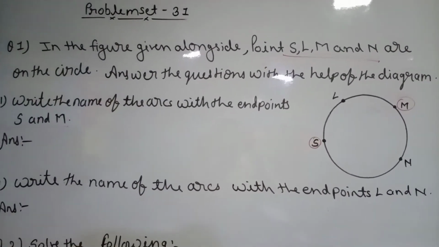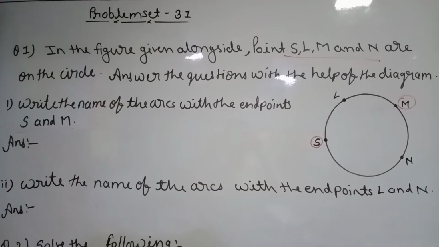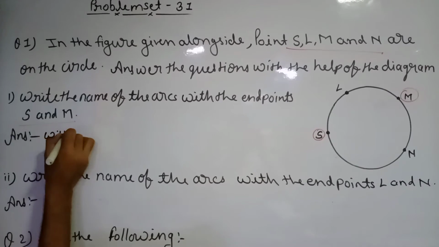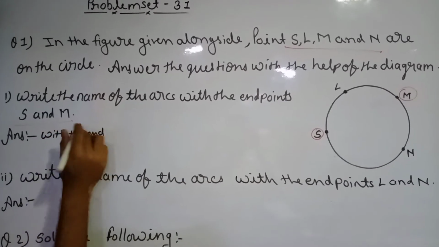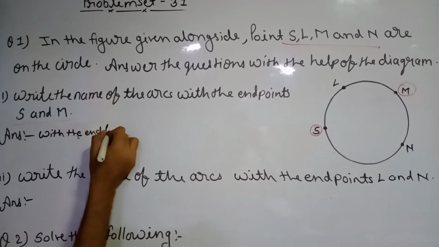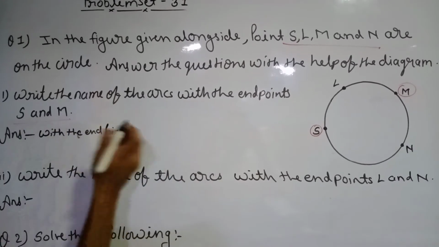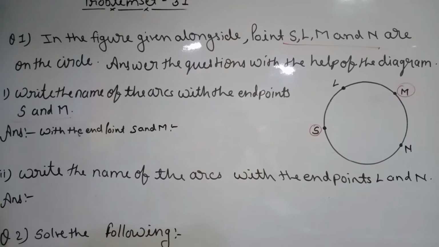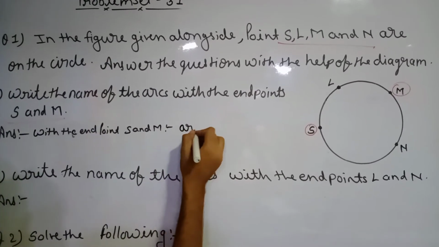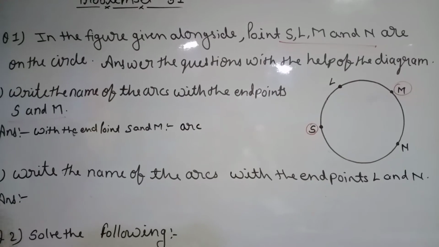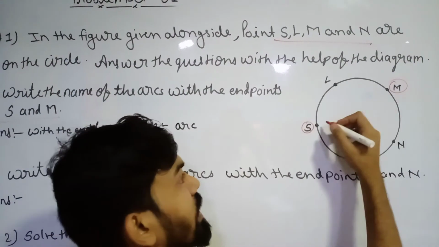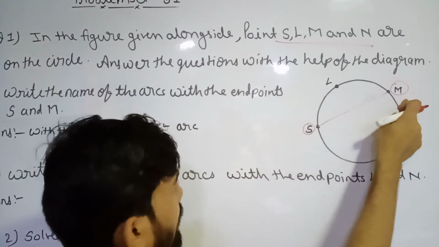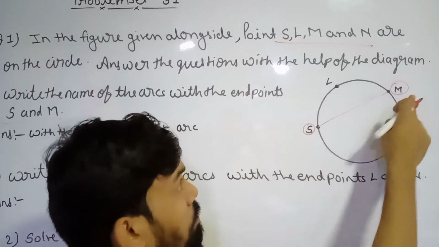So as we learned earlier, we are going to write, with the endpoints S and M, the name of the arc. If you can see, we are talking about S and M, so join this line. So we are getting S, L, M minor arc and S, N, M major arc.